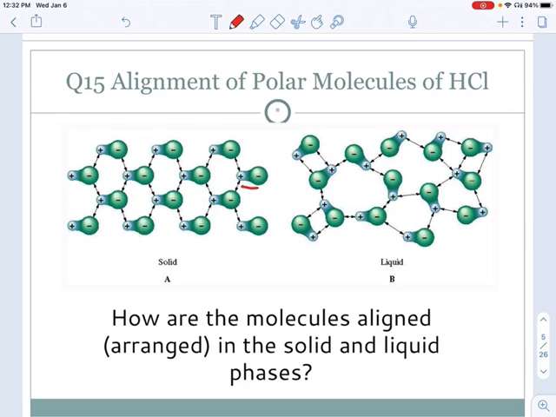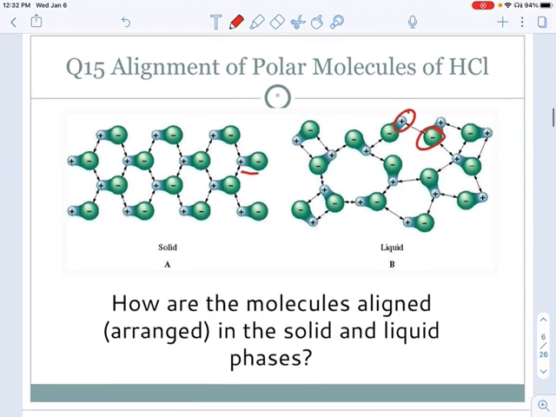Our positively charged hydrogens end up next to our negatively charged oxygens. When water is a liquid, however, the particles are now moving, but they will still attract each other just like they did when they were in the solid. So we'd have positively charged hydrogens attracting negatively charged oxygens. The difference here, again, is that the particles are moving around.